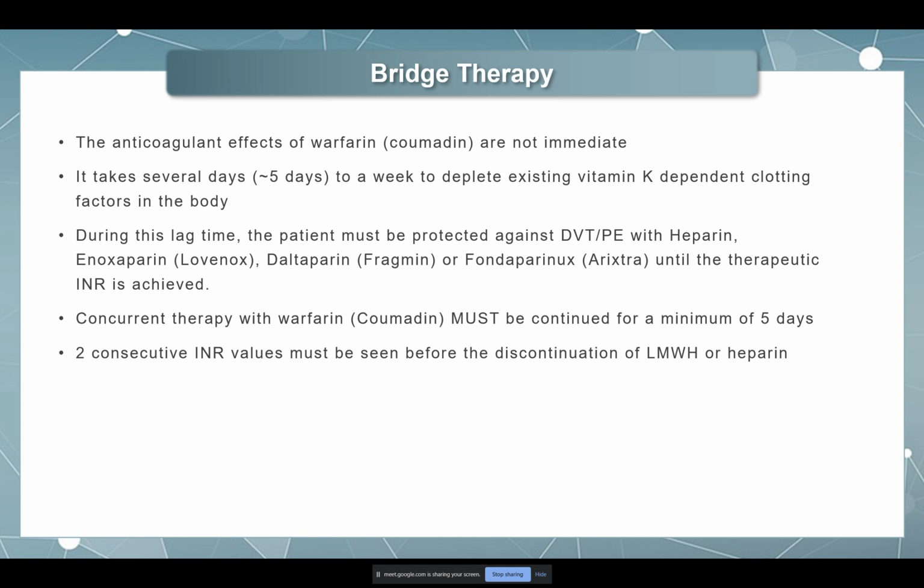So we have to monitor the INR. 2 consecutive INR values must be seen before we discontinue the low molecular weight heparin or Fonda.